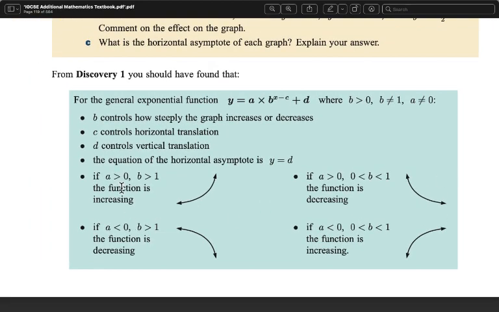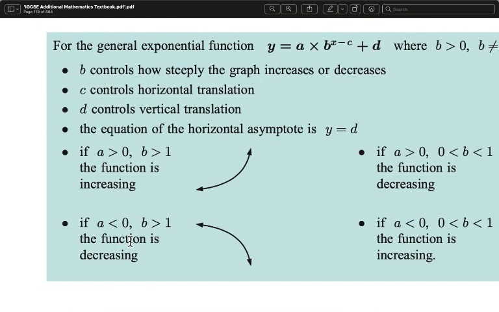The whole trend is observed and sorted. If a is larger than 0 and b is larger than 1, the exponential function is going to be increasing. If a is larger than 0, but b is between 0 and 1, the function is going to be decreasing. If a is smaller than 0, but b is larger than 1, the function is going to be decreasing.